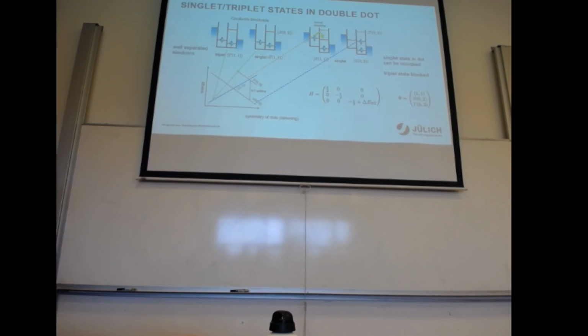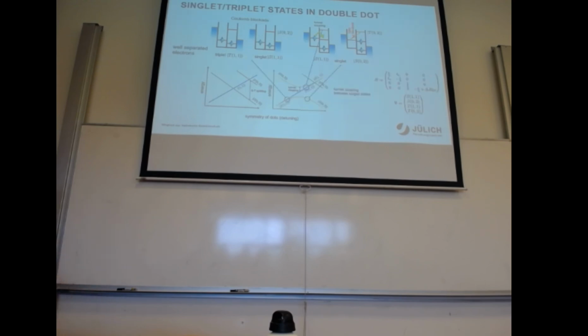Okay, so this is just the same story, but now with an energy diagram added to it. So this is the case of well-separated electrons, no coupling. We can draw these various lines corresponding to the various states. And on this axis here is how much we detune the dots, the relative difference in potential between the dots.